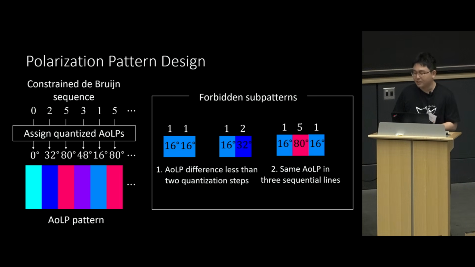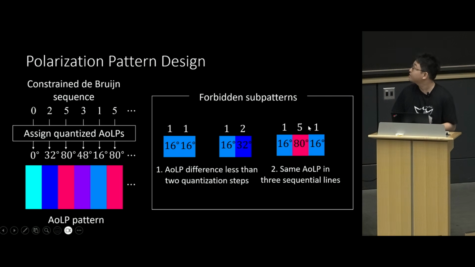Our polarization pattern is generated by assigning quantized AOP values to a constrained Dubran sequence. Following the requirements, we impose two constraints on subpatterns to increase the separation between neighboring AOP values.